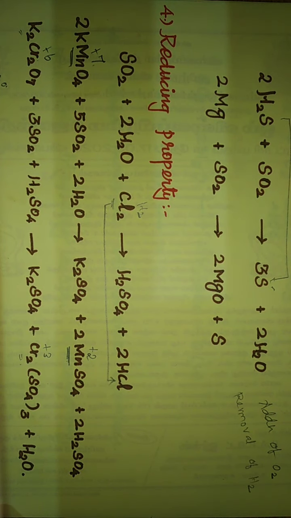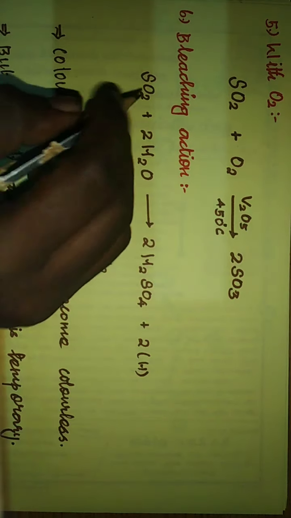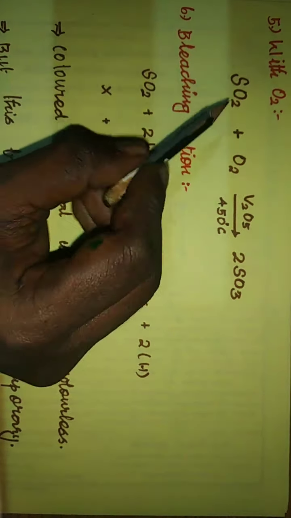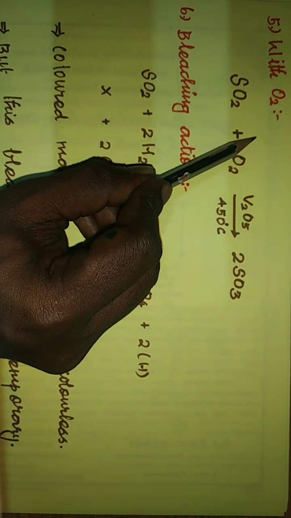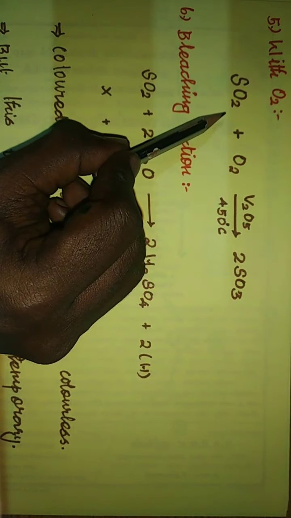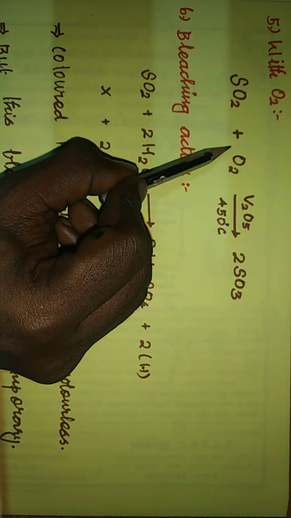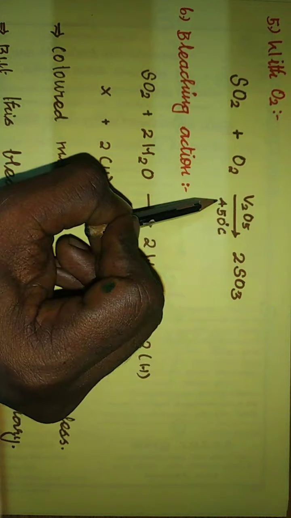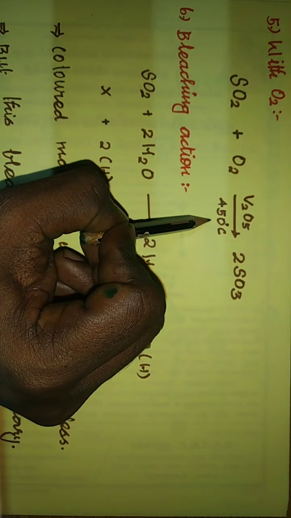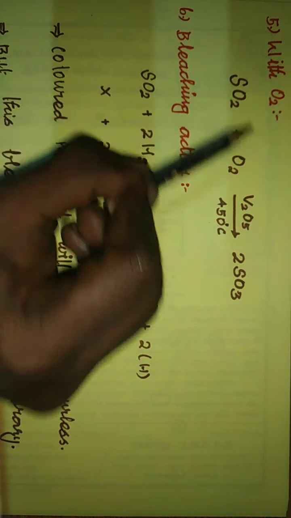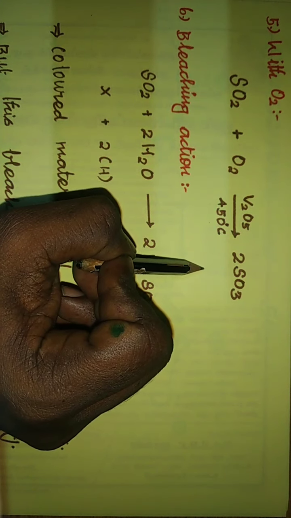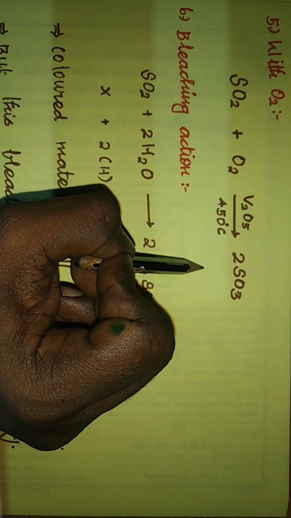Okay. The next chemical property we can discuss now. The fifth chemical property of sulfur dioxide is reaction with oxygen. When sulfur dioxide SO2 gas is allowed to react with molecular oxygen in the presence of vanadium pentoxide at higher temperature, around 450 degrees Celsius, sulfur dioxide will be converted into sulfur trioxide, and it is a step involved in the contact process.